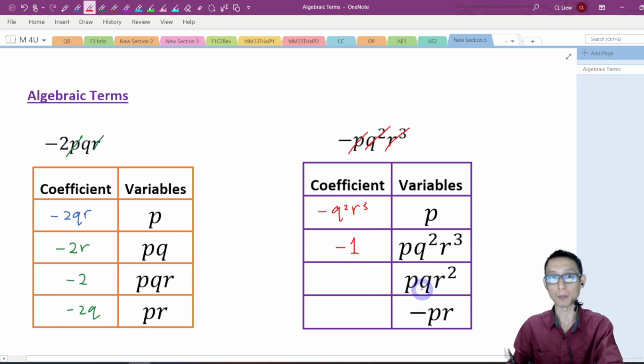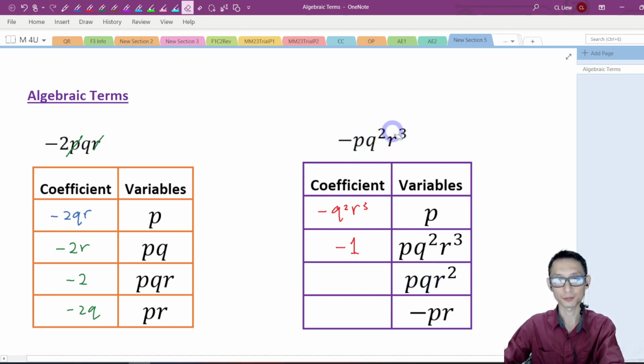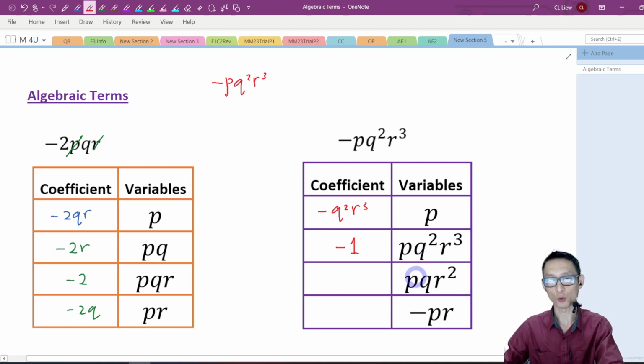Okay, how about this one? Now this you have to be more careful. So let me break this one into this. You cannot do it this way. If you do it this way, it's not correct. You see P, right? You cut P. You see Q, you cut Q, but be careful. This is Q, and this is Q squared. Different.